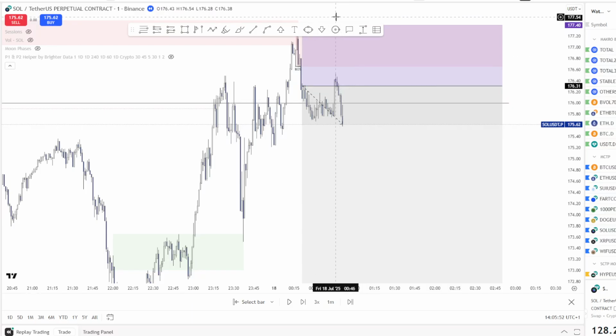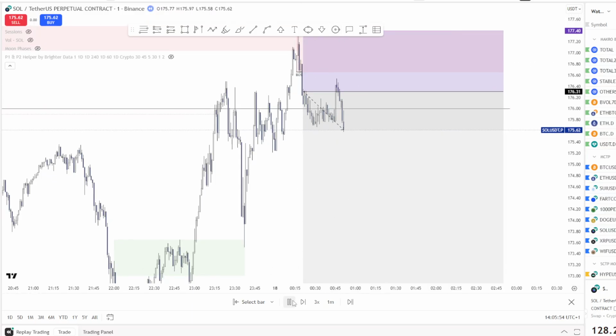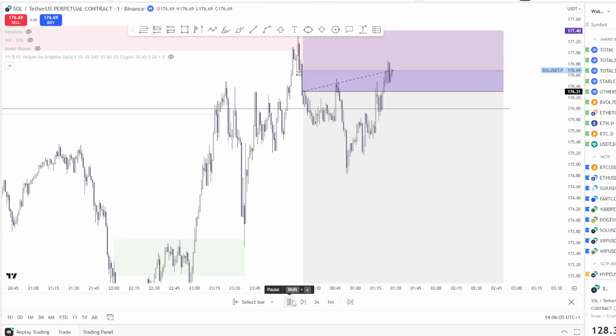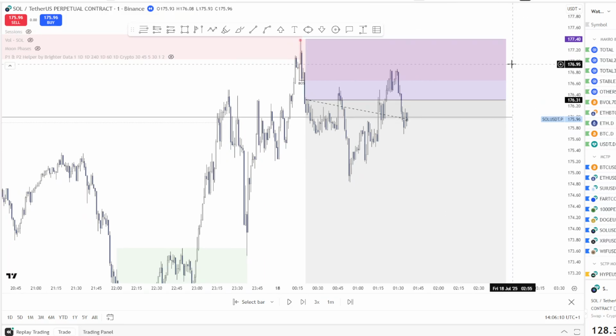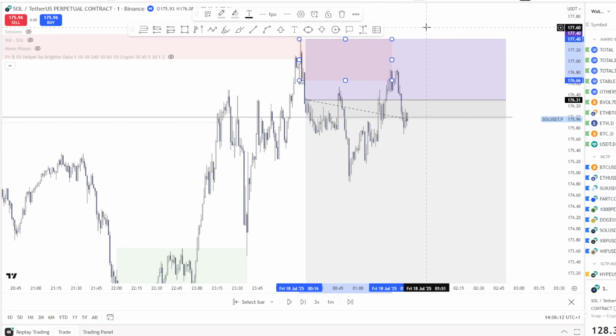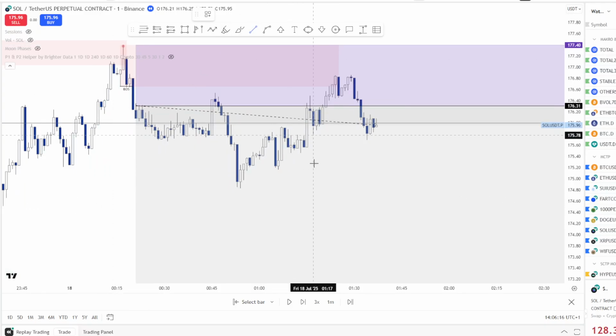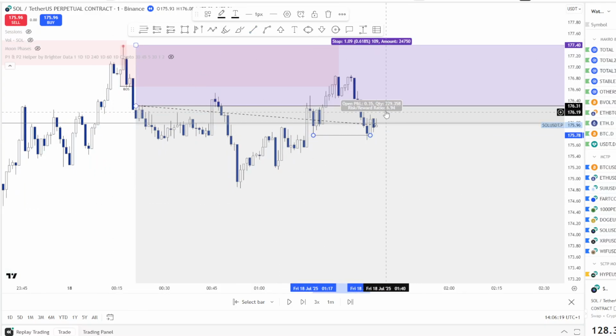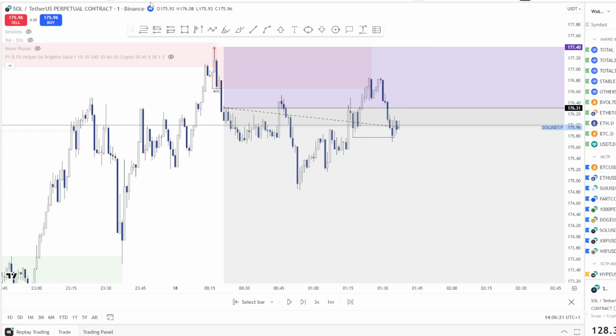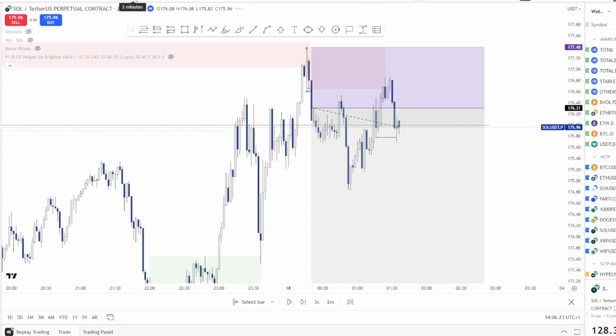This was, no, this is still not Asia open. So let's see what price wants to do. We mitigated the supply. On the one, this is our low. We SFP'd it. Did we create?